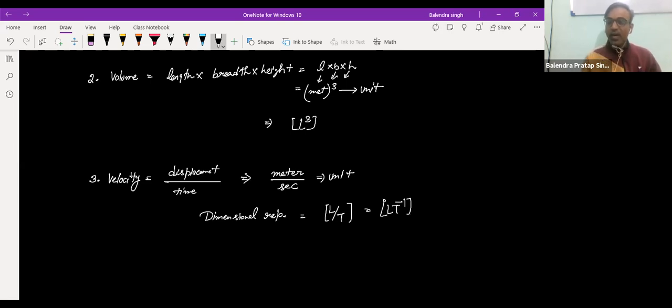I just move T from the denominator to the numerator by using a minus sign. When T comes with L, its sign goes from +1 to -1. Is it clear? Yes.